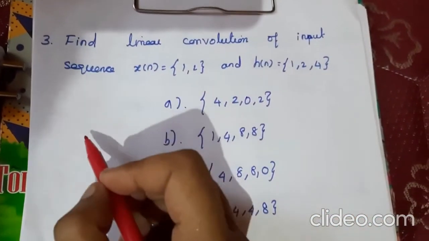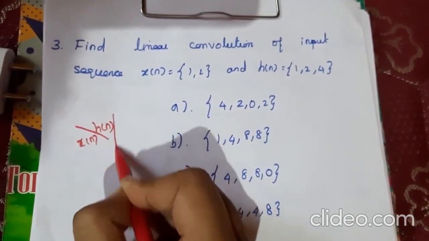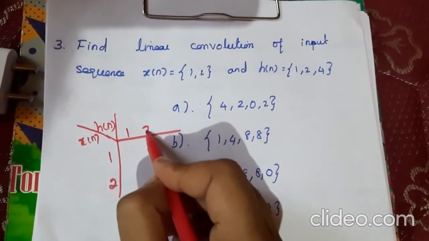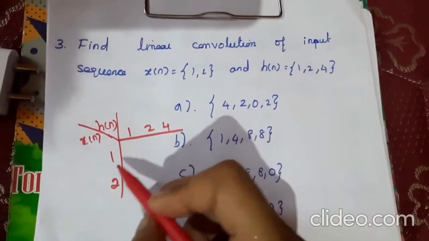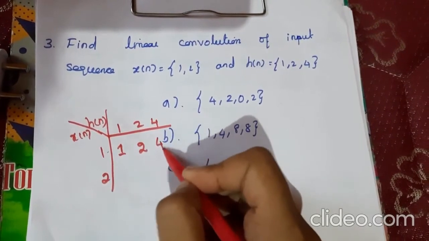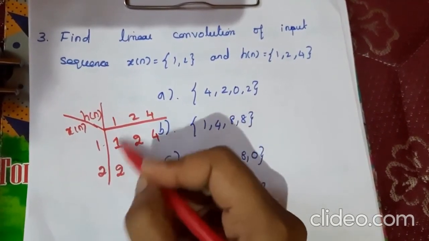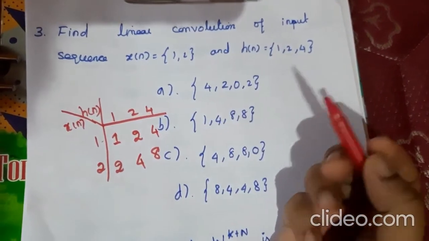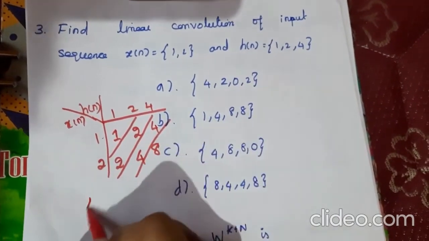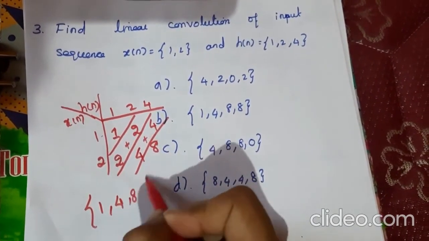The shortcut method to find the answer is to write h of n and x of n, with x of n as 1, 2 and h of n as 1, 2, 4, and cross multiply: 1 into 1 is 1, 1 into 2 is 2, 1 into 4 is 4; then 2 into 1 is 2, 2 into 2 is 4, 2 into 4 is 8. Then add the values: first is 1, second is 2 plus 2, that is 4, then 4 plus 4, that is 8, and the remaining one is 8.